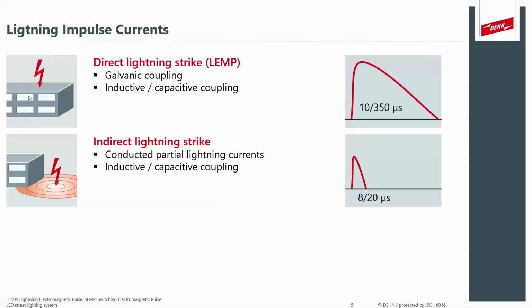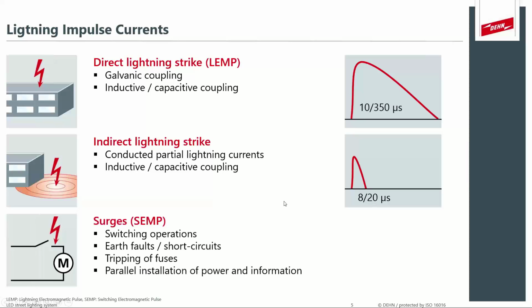That induced lightning current or surge current is then characterized by an 8 by 20 microsecond wave shape. Switching surges that come from the utility or switching of loads are also characterized by this 8 by 20 microsecond wave shape. Now, this is the damage that most people experience during thunderstorms.